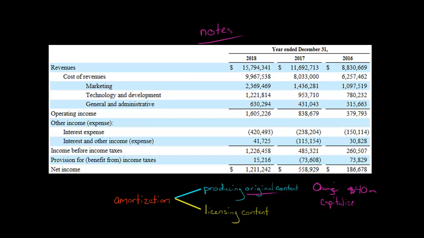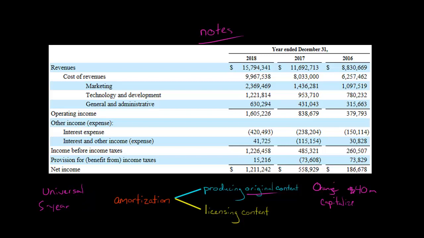So that makes sense. Also, they amortize the licensing of content. So licensing content is from, let's say, Universal Studios. They make movies, and then Netflix enters into a 5-year agreement to be able to show certain Universal Studios movies on Netflix.